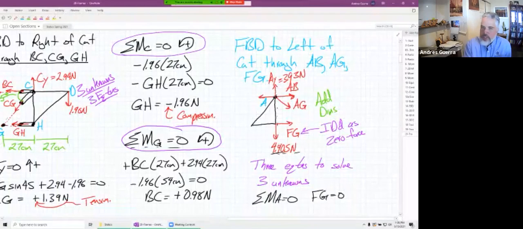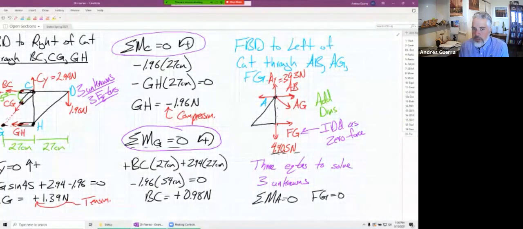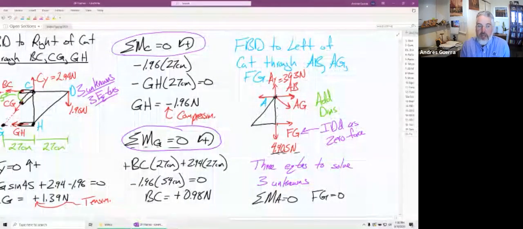So we talked about the search and destroy for zero force members, and that'll always identify all our zero force members. The other thing that we talked about is that no FBD will ever contradict another FBD. Well, now we've seen two different FBDs, the one that we used to identify FG as zero force, and another FBD, sum of the moments about A, also told us that FG was equal to 0.